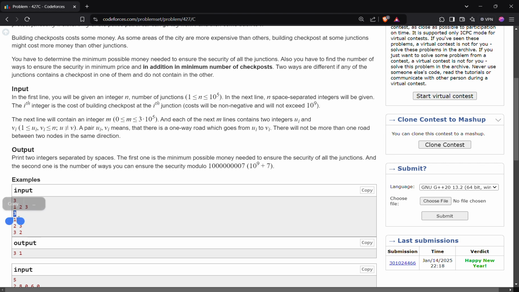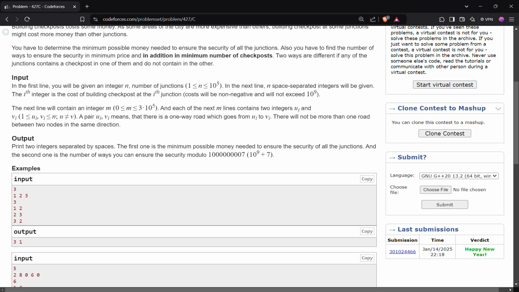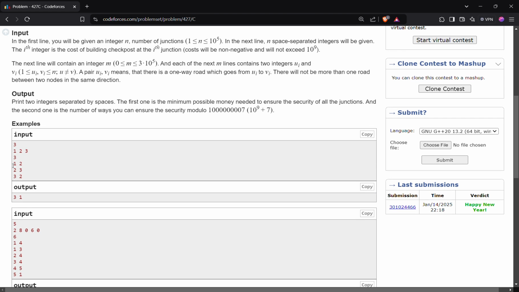Then we will be given m, which is the number of edges or one-way roads you can say, and then the description of the edges. So u comma v means there is a directed edge going out of u and landing at v, going from u to v.